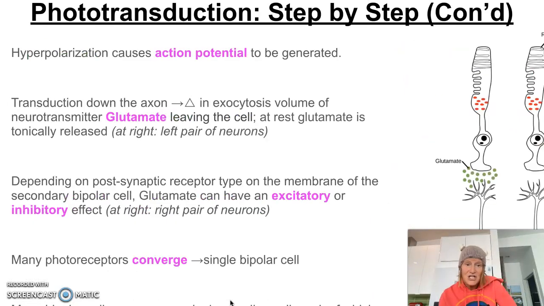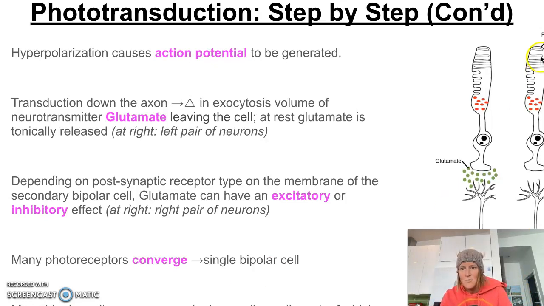This hyperpolarization eventually causes an action potential to be generated, and this moves down the axon and causes a change in the volume of exocytosis of the neurotransmitter glutamate. Normally at rest, glutamate is tonically released, so all the time, just always. But when light is in this formula, it changes. It can decrease.